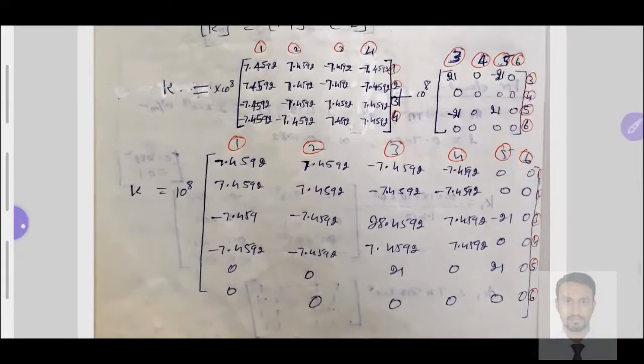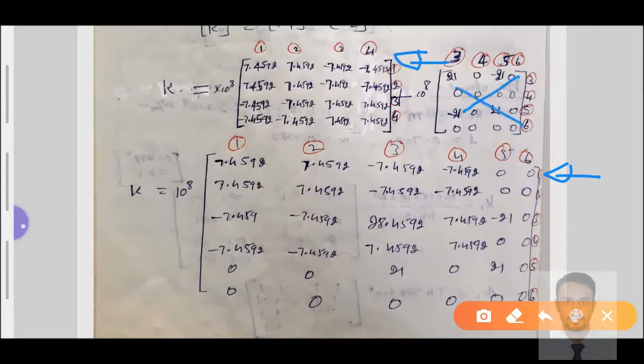We just got the idea, in a bar element, of how to take the elemental stiffness matrix and add it in terms of the global stiffness matrix. The first row you choose. Here we have a first row, but here we don't have any first row. I'll take all these values of first row first column, first row second column, first row third column, first row fourth column. But after the fourth we don't have a fifth and sixth column here, so 0 0 we have taken.